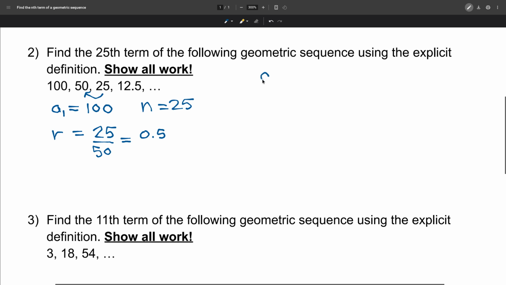Okay, so our explicit definition is going to be a sub n equals first term 100 times the common ratio r, 0.5, raised to the n minus 1 power, for n greater than or equal to 1.